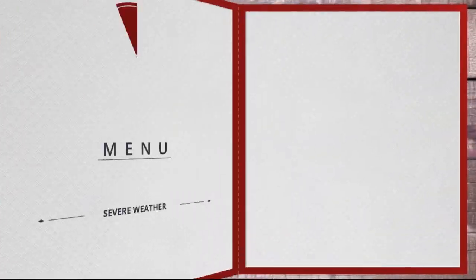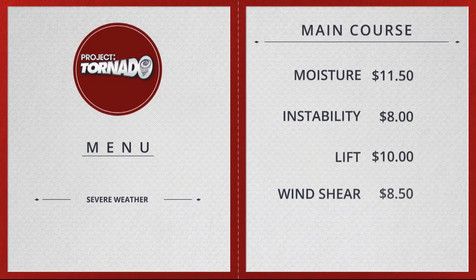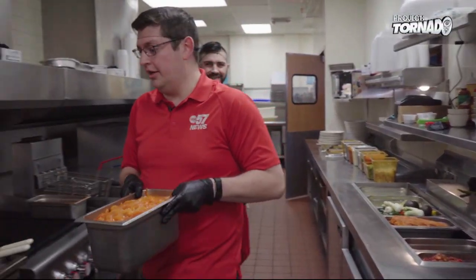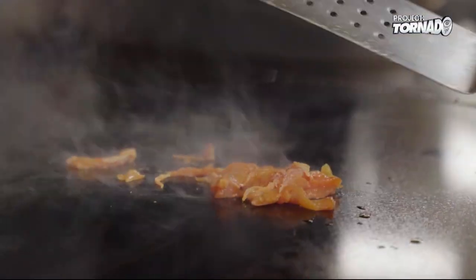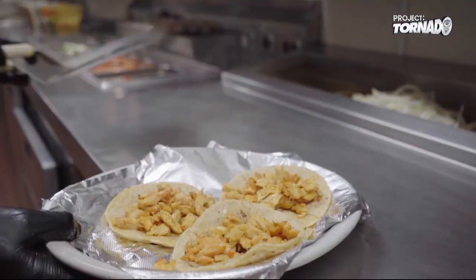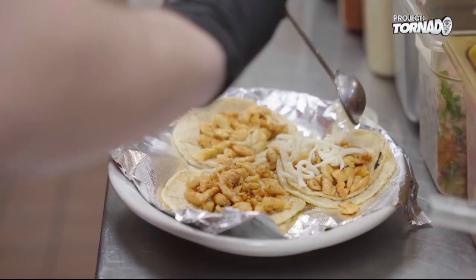With severe weather, our ingredients are moisture, instability, a source of lift, and wind shear. And just like the ingredients for severe weather, we have to let it cook. A warning is when all the ingredients have come together and severe weather or a tornado is happening. Just like right now, tacos are happening.